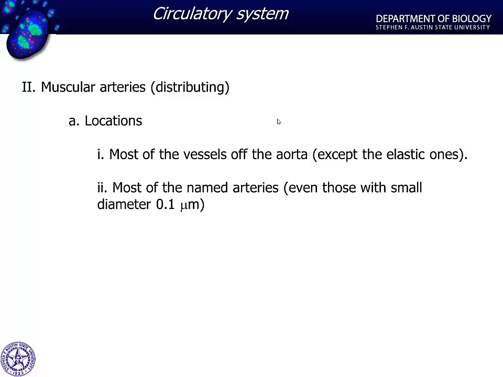These muscular arteries are going to be of the distributing type, and most of our named arteries, except for the ones we did with the conducting system, are going to be part of this distributing arterial system. So these named arteries, even some quite small, maybe 100 micrometers in diameter, may in fact still be muscular arteries.